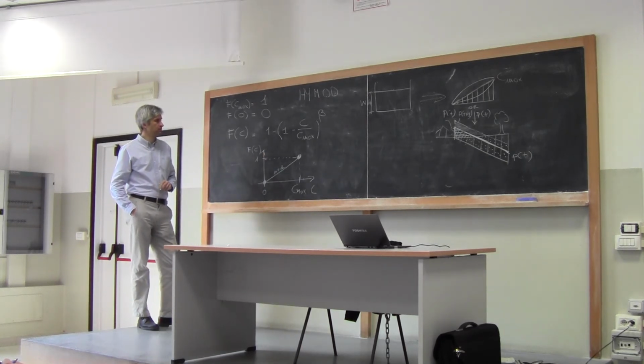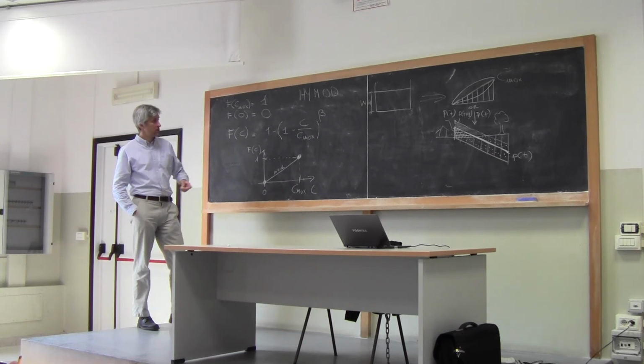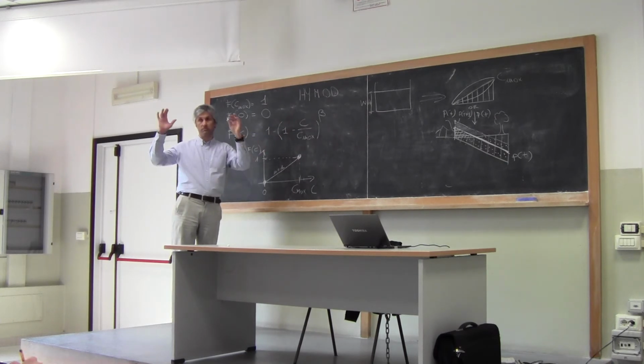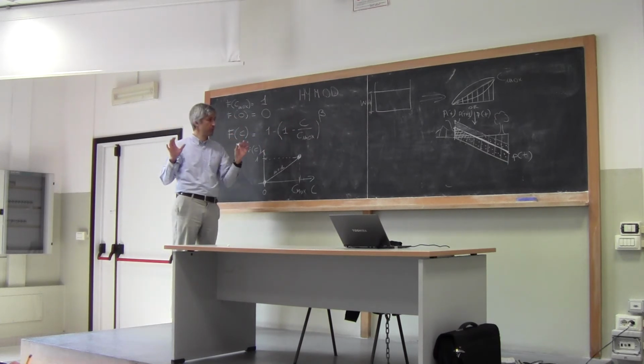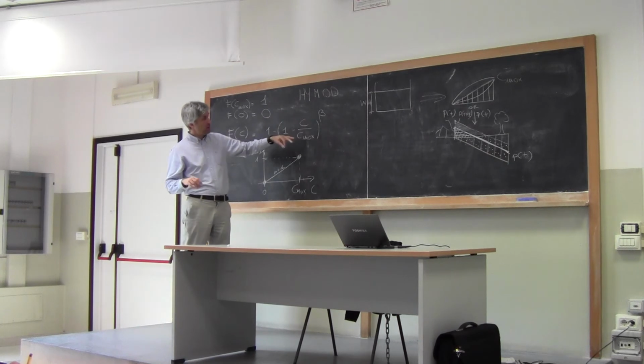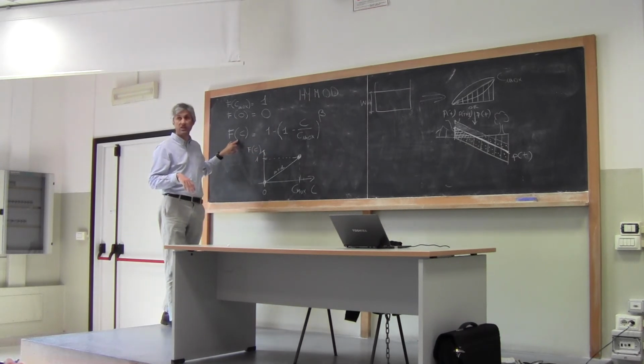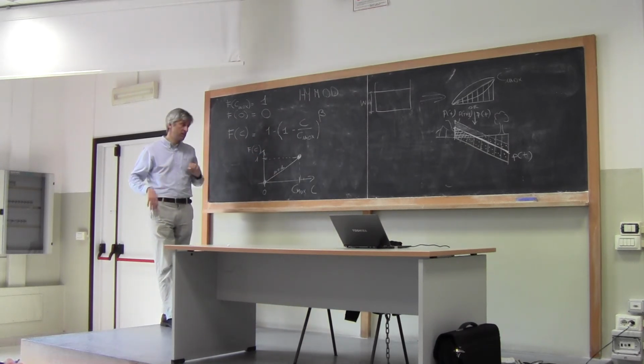Okay, now, what happens if beta tends to 0? Basically, if beta is 0, this quantity between parentheses takes an identical value of 1. So FC is identically 0. What does it mean?